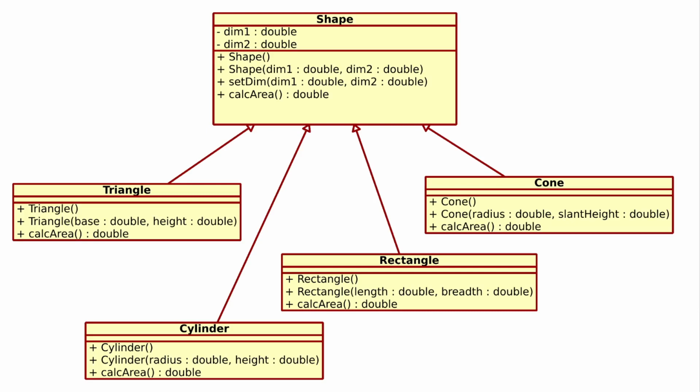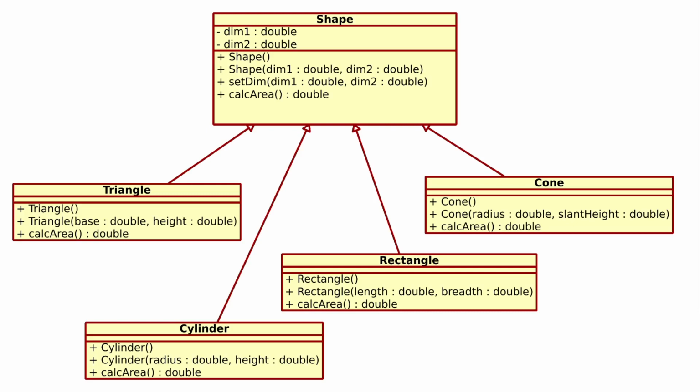And the constructors. In the superclass, the no-arg constructor makes both the dimensions 0. In the subclasses, it calls the superclass constructor, and the superclass 2-parameter constructor, or 2arg constructor, takes two double arguments, dimension 1 and dimension 2.